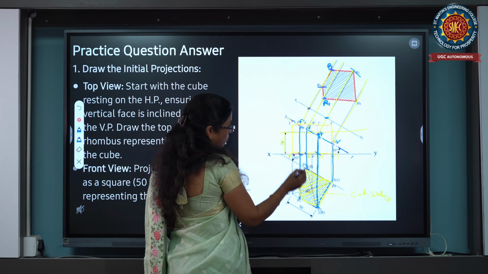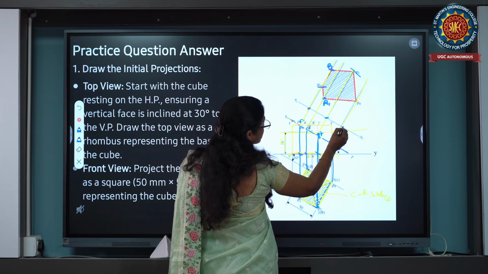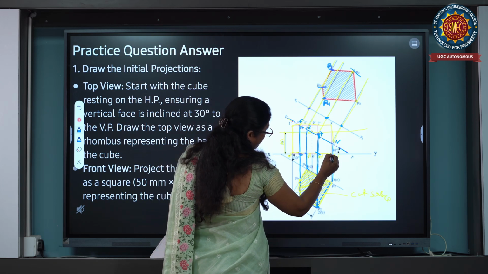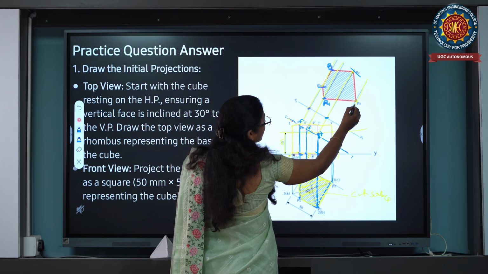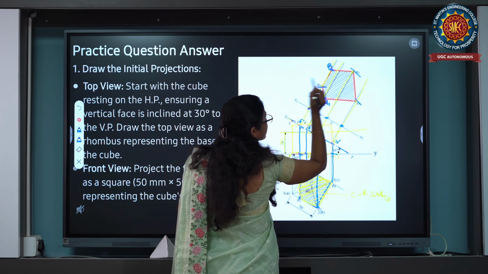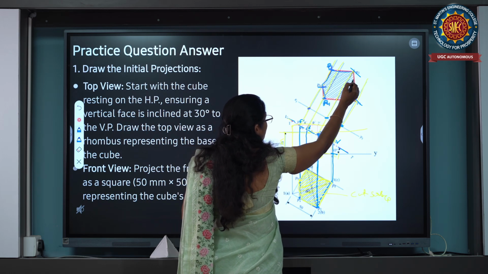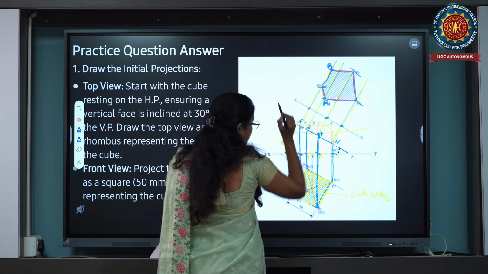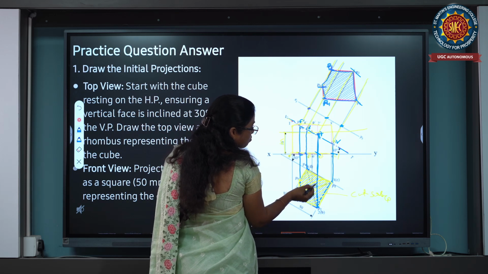That radius should be equal to this one. Then from this point measure the distance from X to P. Here also on the XY line, from X to P as a radius, cut an arc on that line. Then you will get one shape. Join all points and you will get a shape equal to this shape. This is the true shape.